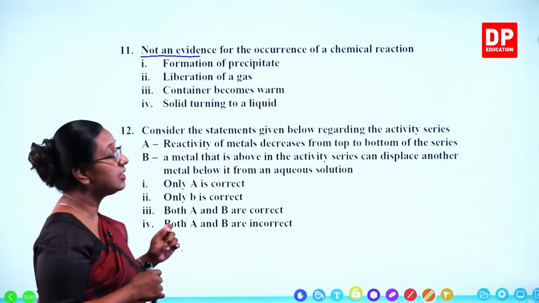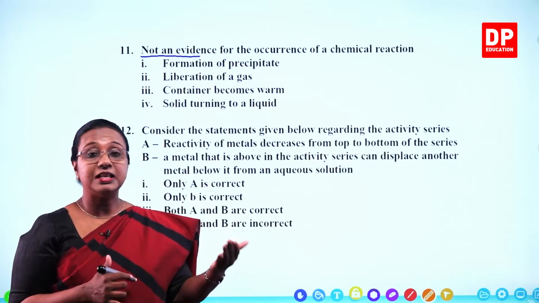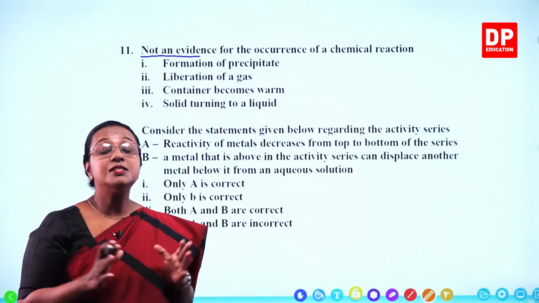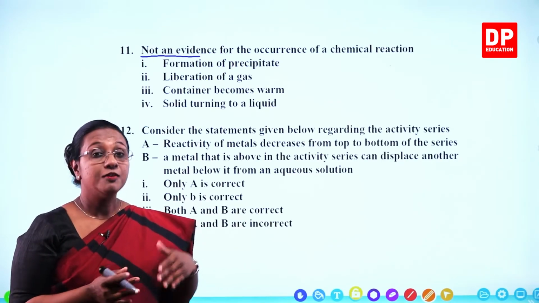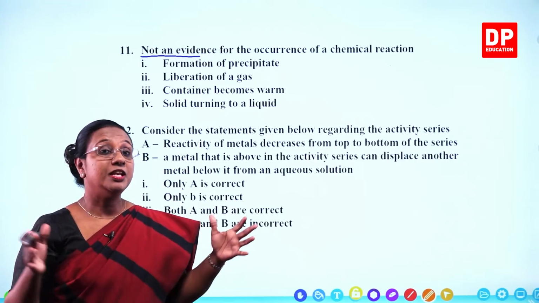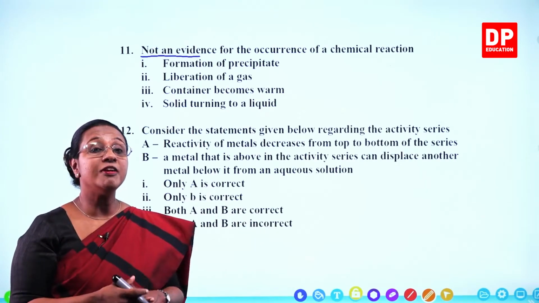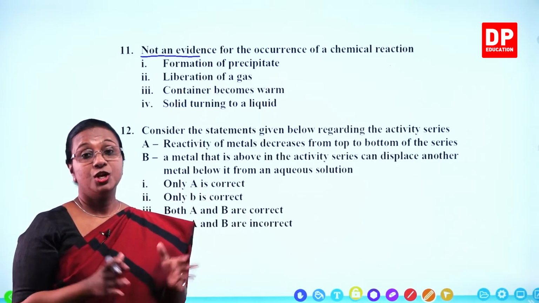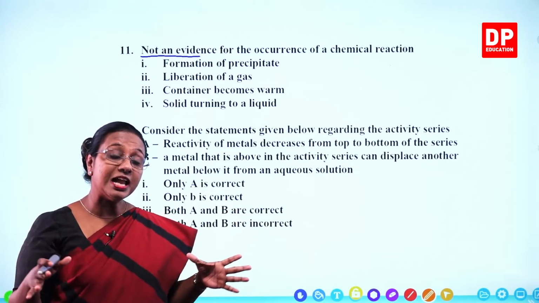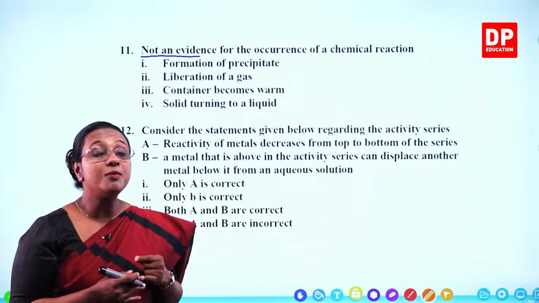Then container becomes warm. Container becoming warmer, container becoming cooler. These are also evidences. For example, if sodium reacts with water, we take a large amount of water because there is a lot of heat evolved. There can be explosion. To avoid that only, we take a large container, a trough with water and use only a small piece of sodium.